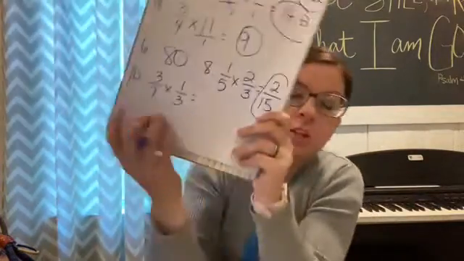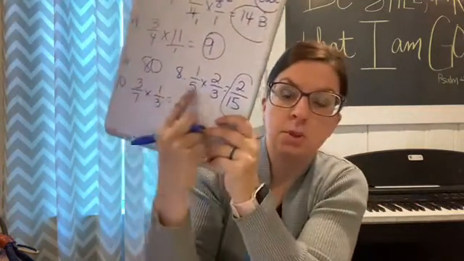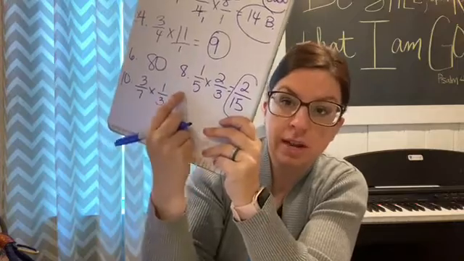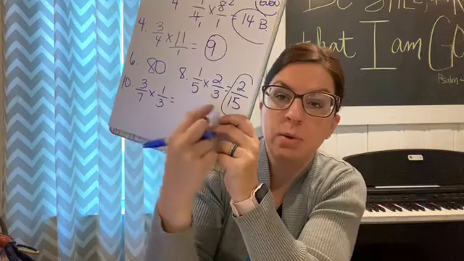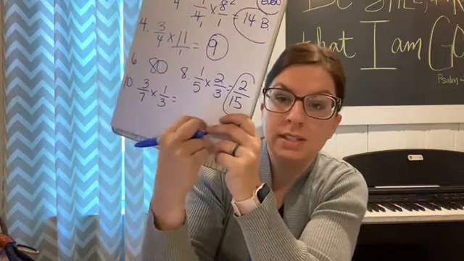Okay, number 10. 3/7 times 1/3. Okay, so like I said, you can either just multiply them out. 3 times 1 is 3, 7 times 3 is 21, and then divide both of them by 3 and get 1/7.